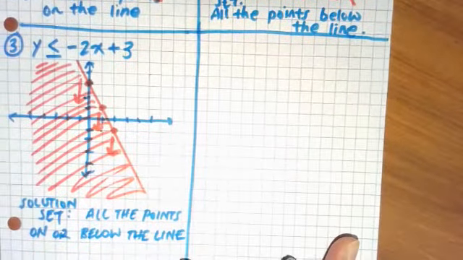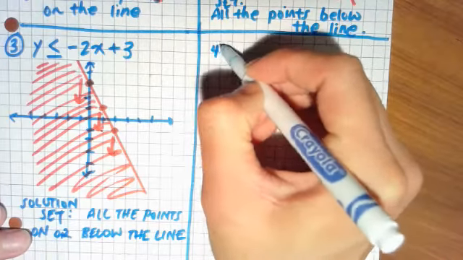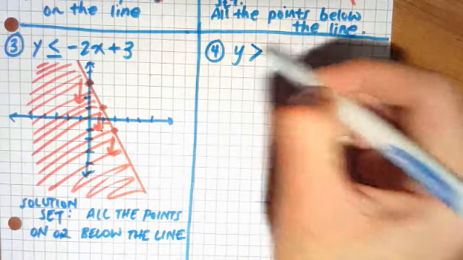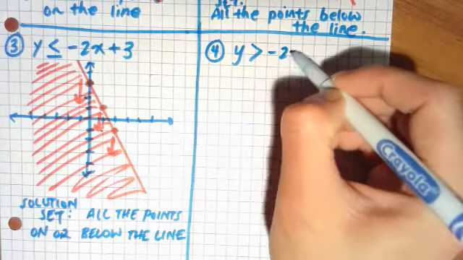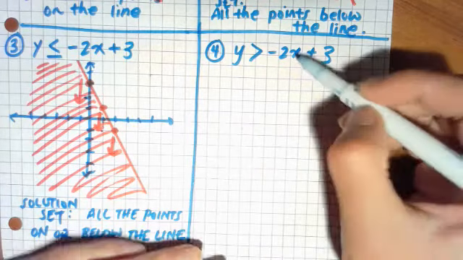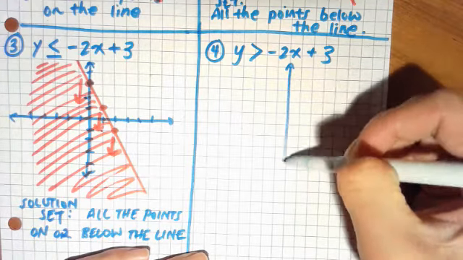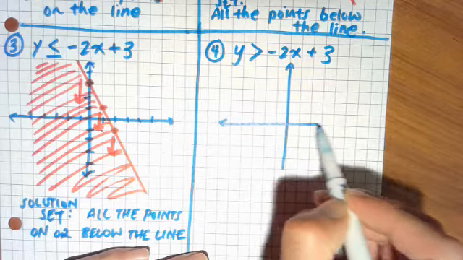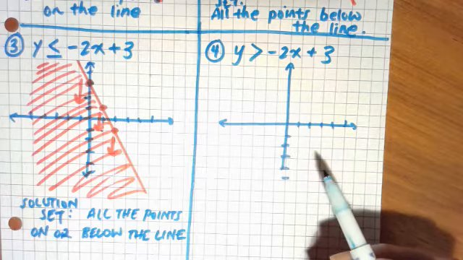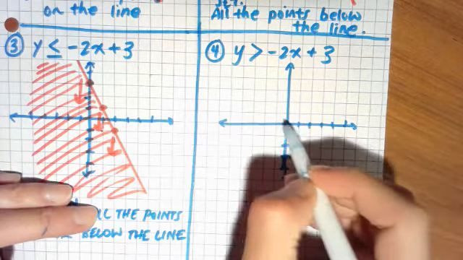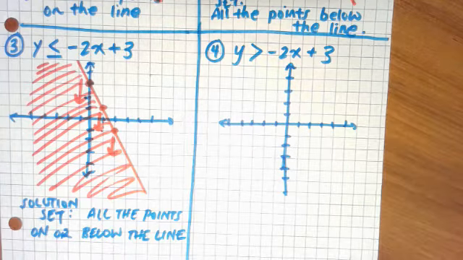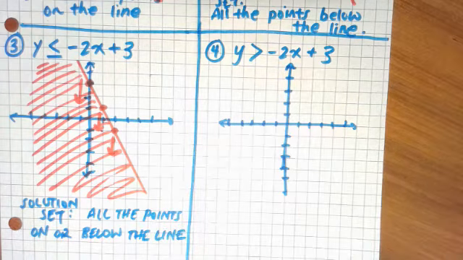And we'll do one more example. And for this one, we're going to do y is greater than negative 2x plus 3. Same xy coordinate plane. And we have the same slope and the same y-intercept, so we'll graph those out.